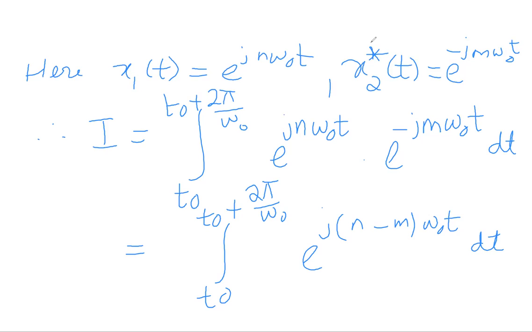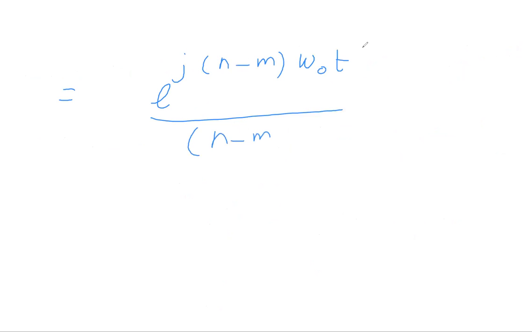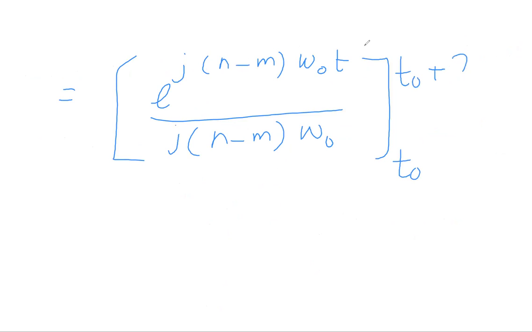Now we can do the integration of the exponential function. It is equal to e to the power j n minus m omega 0 t upon j n minus m omega 0, and we apply the limits from t0 to t0 plus 2 pi by omega naught.